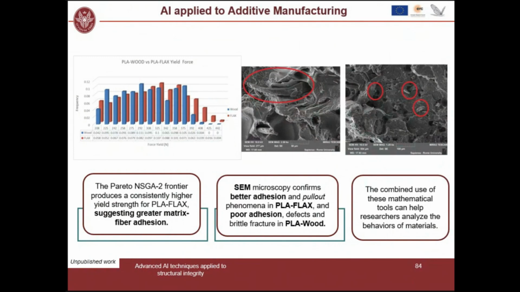There are no additives. It's the same matrix. So just by looking at the data, the model itself was able to learn that without any prior knowledge about all this. What I want to say is that the combined use of those mathematical tools can also help researchers to better analyze the behavior of materials. Of course, you have to know what you're looking for.